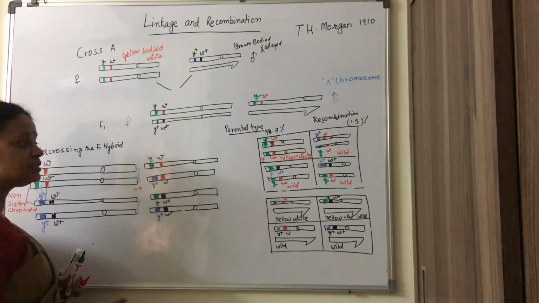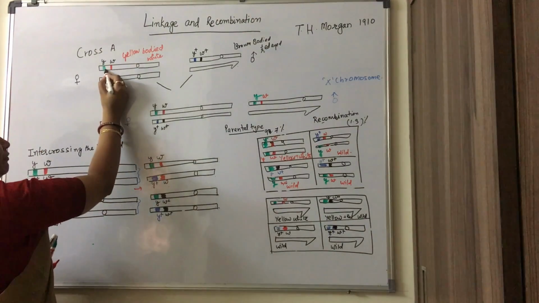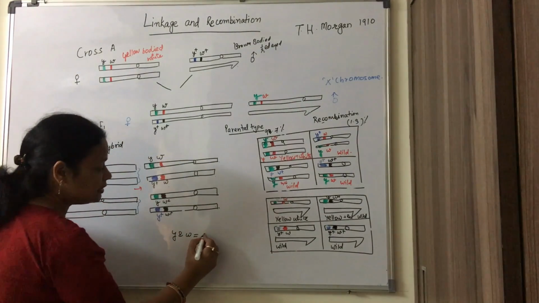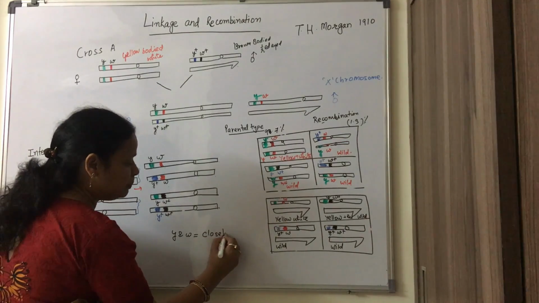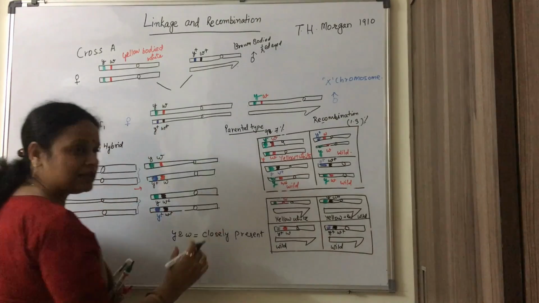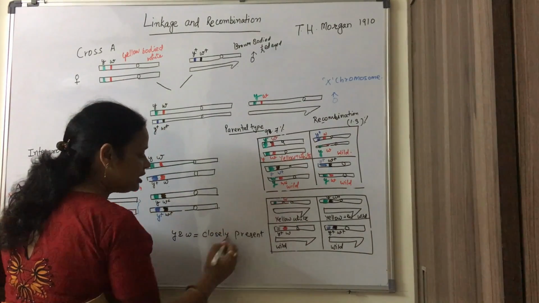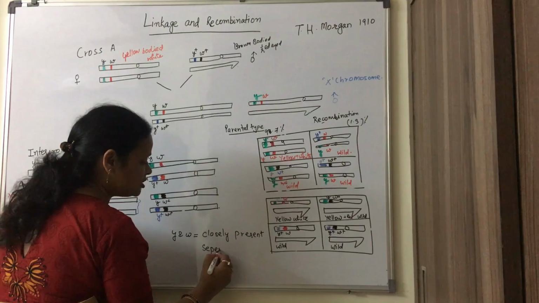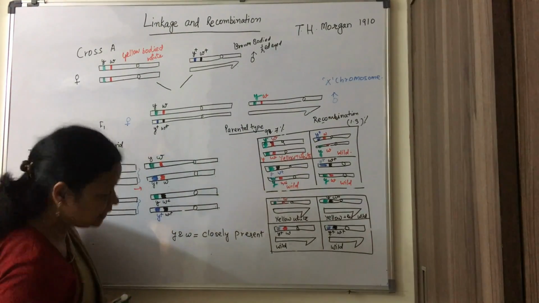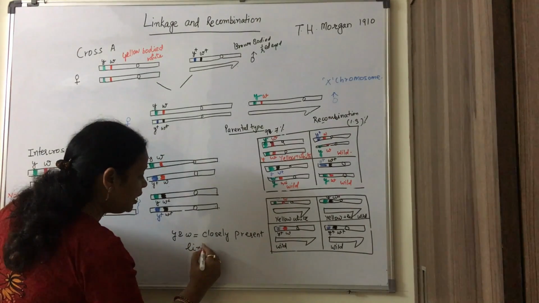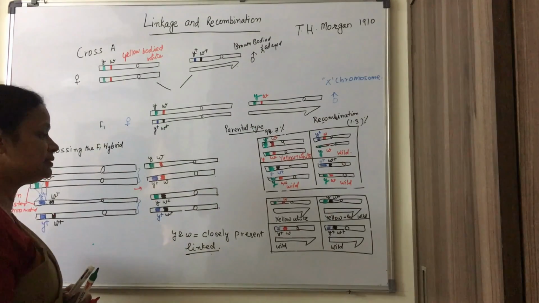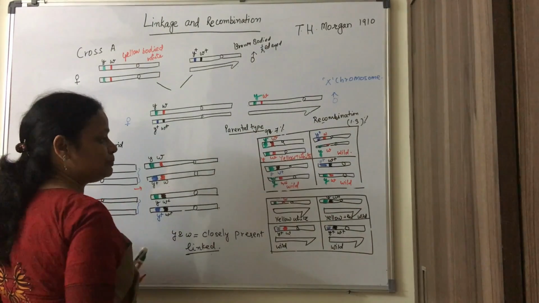This was the first cross in which we can say that the Y and W genes are very closely present. दोनों बिल्कुल पास में हैं, इसलिए इनके separation के chances are very low. Or we can say these genes are linked genes. ठीक है, here we come to the word linked. Linked का मतलब है दोनों पास में हैं.